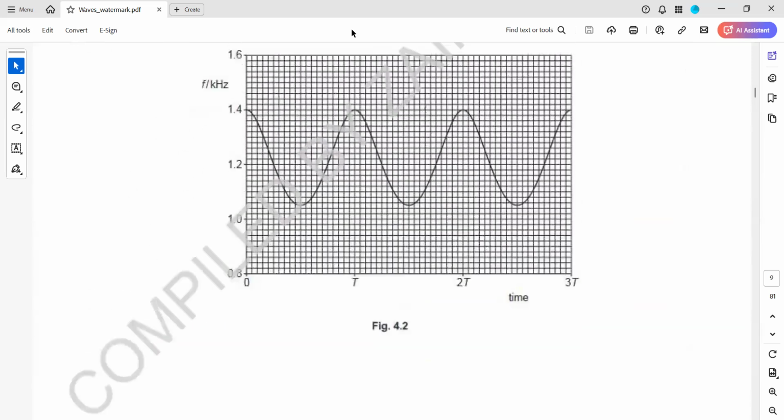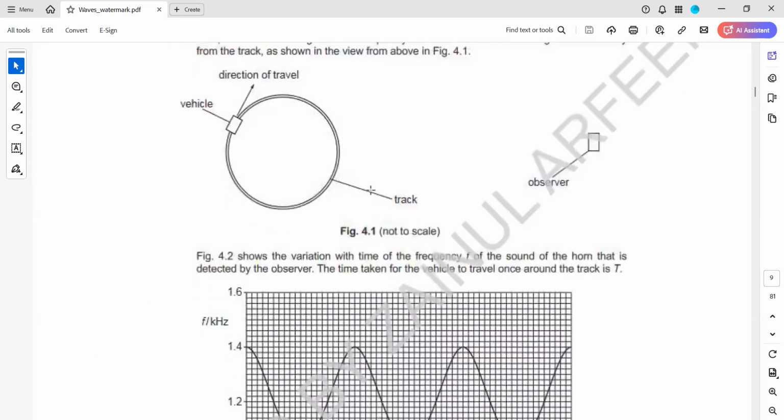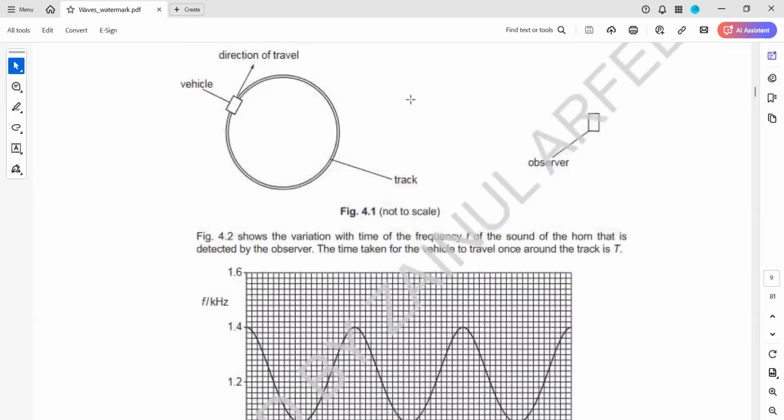So at time t, we are observing a higher frequency, meaning more than the actual value. If you are observing more than the actual value, what should be the position?